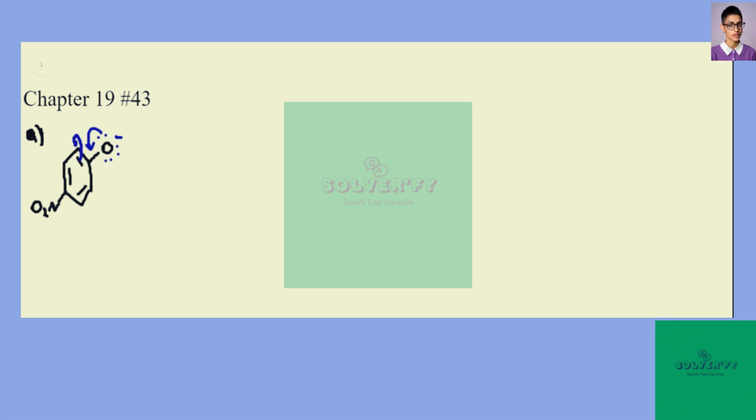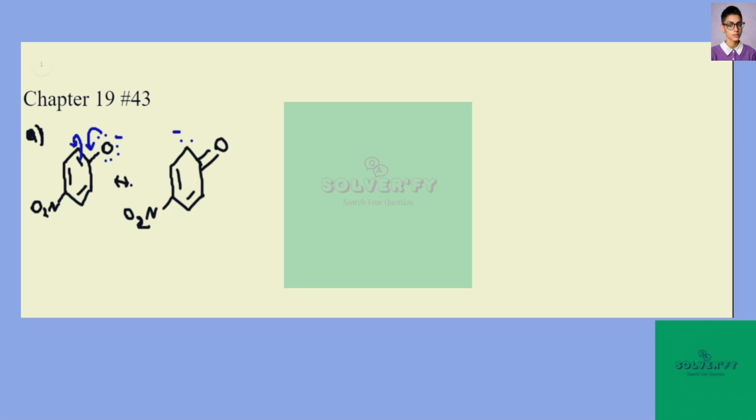The electrons of this double bond would revert to that carbon. And so our first resonance structure is going to look like this. And the lone pair and the negative charge are now on this carbon.